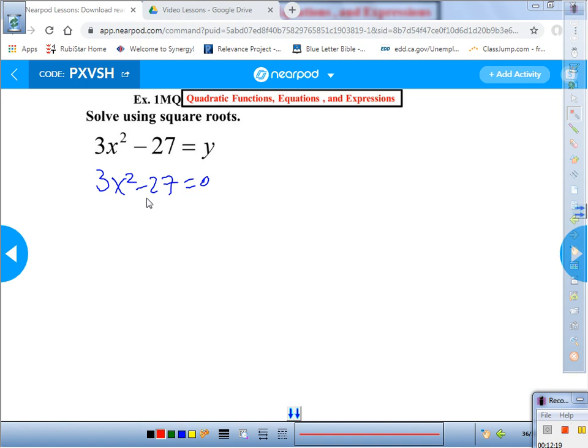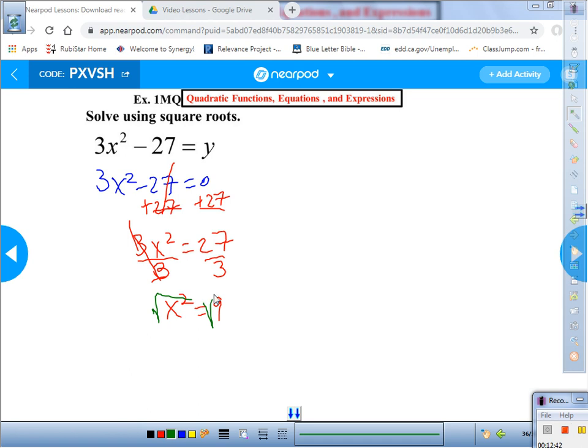So that means we add 27 to each side. 3x squared equals 27. But wait a minute, there's still a number there. It's multiplying, the inverse is divide by 3. X squared equals 9. And of course our last step is to take the square root. X equals plus minus 3.